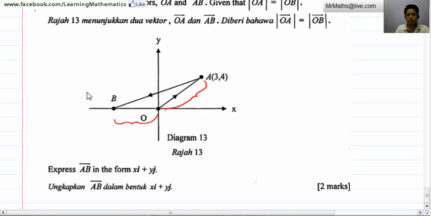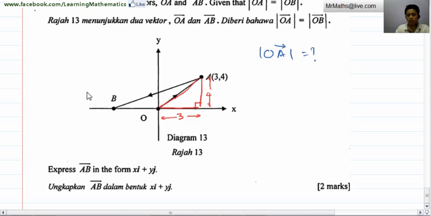So what is the question? What is the magnitude of OA? We can use Pythagoras theorem. If you draw a triangle here, we know that this is 3 units because of coordinate 3, and this is 4 units.